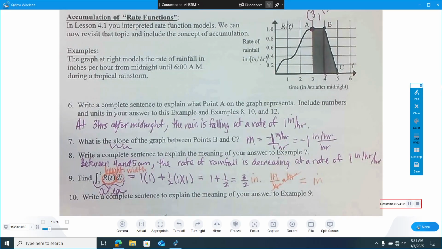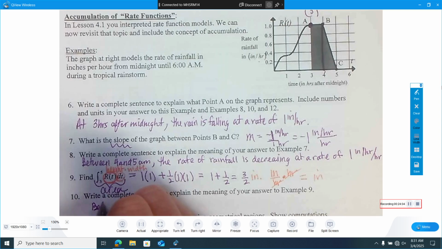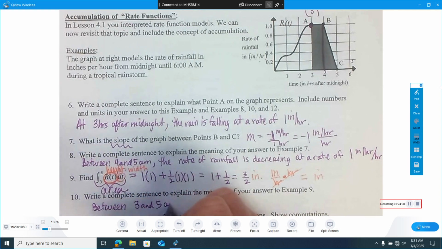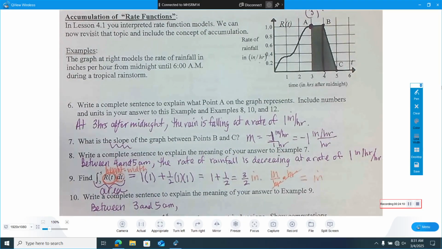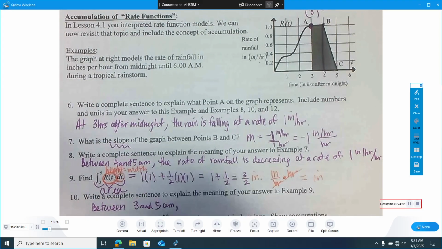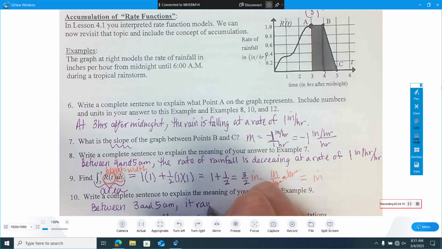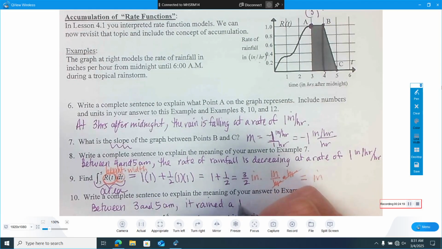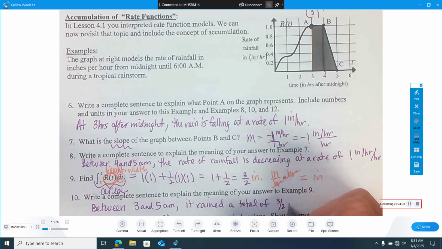So, between 3 and 5 a.m., it rained a total of 3/2 inches.